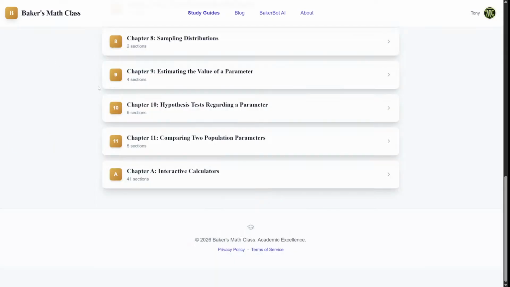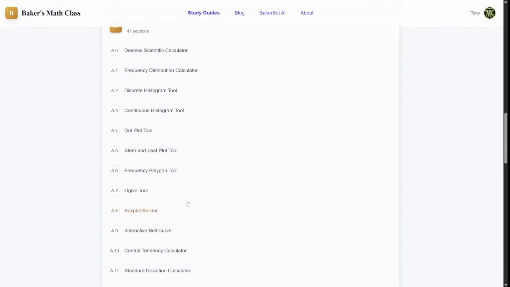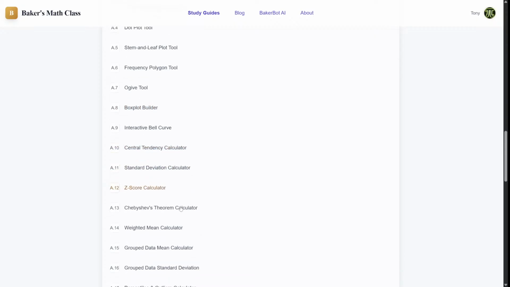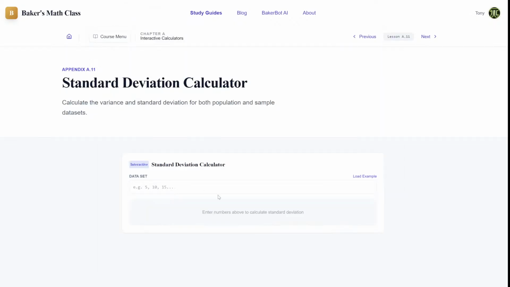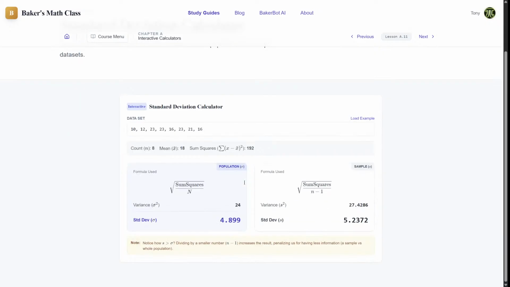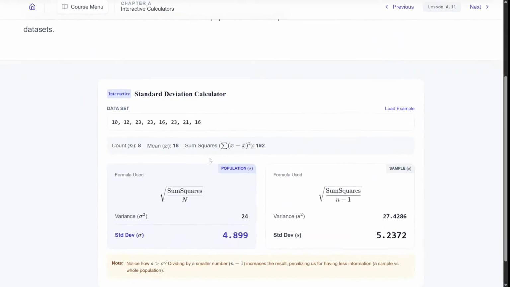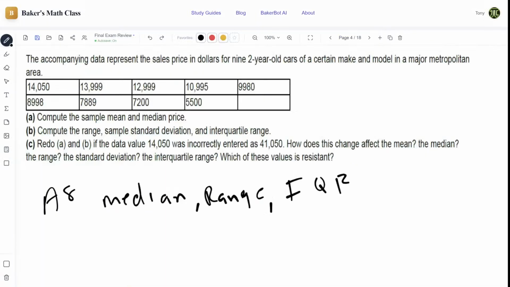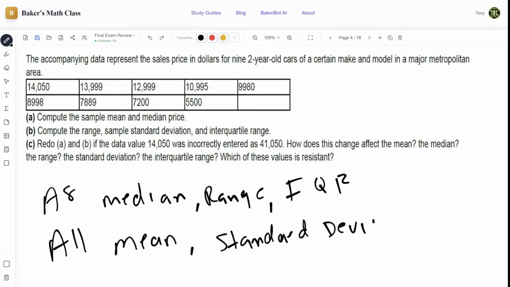And the standard deviation calculator will give you your mean and your standard deviation. So this is A11. All you're going to do is type those numbers in, and it gives you it out.